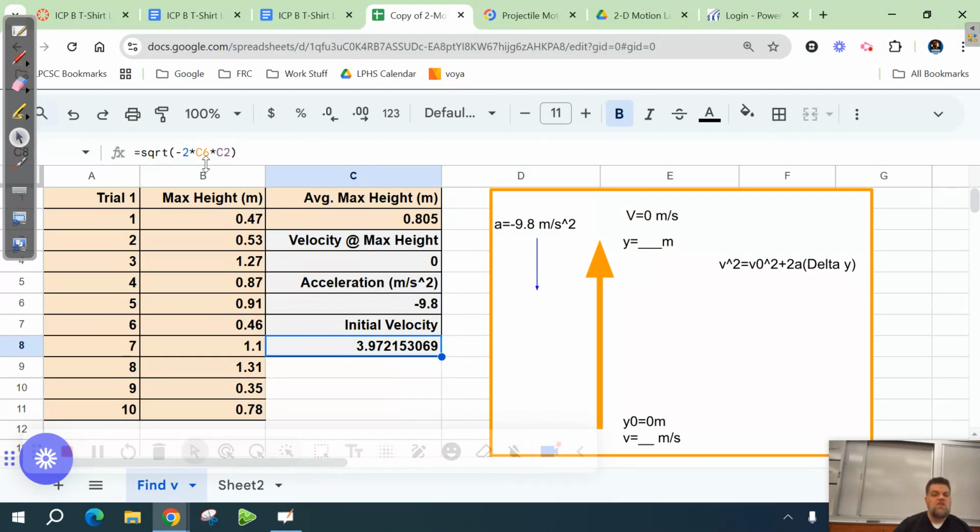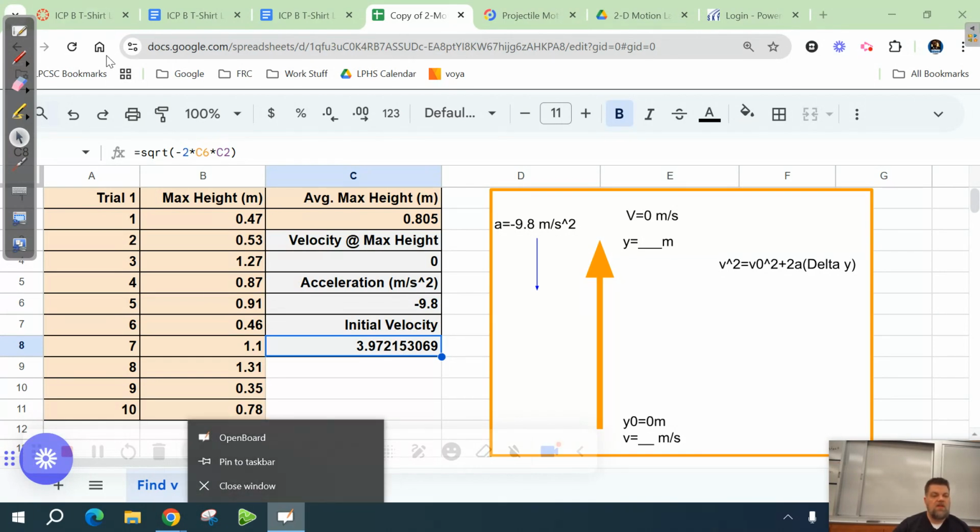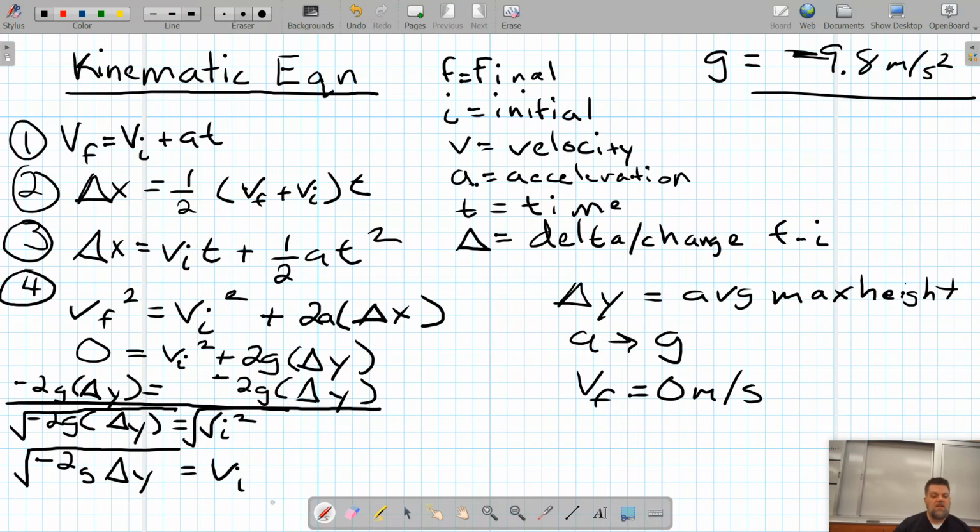Well, really what we did is we plugged in the values. So it's actually this formula here. Let me pull this up. Actually, it's just this part of the formula. So we're solving for this. So it's -2 times the acceleration due to gravity times the maximum height.